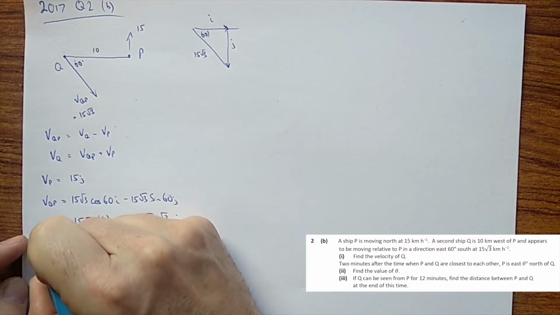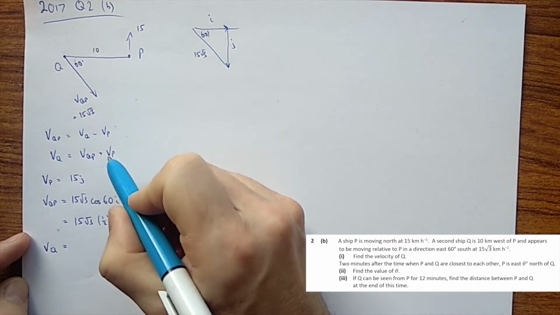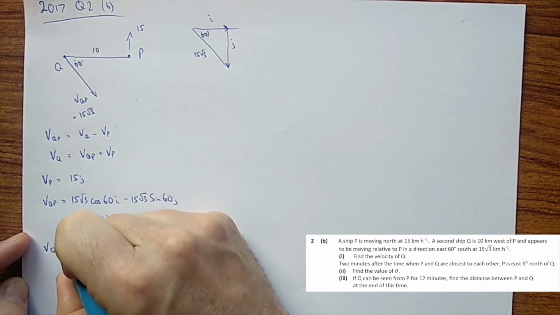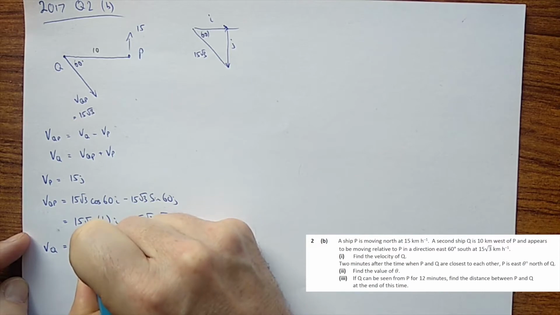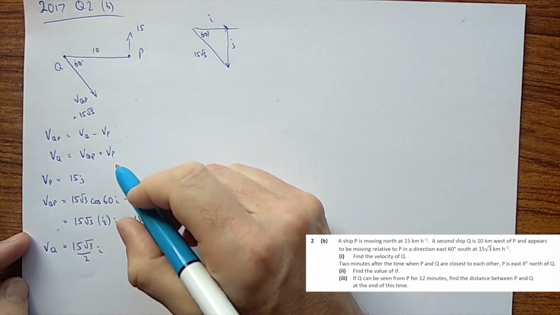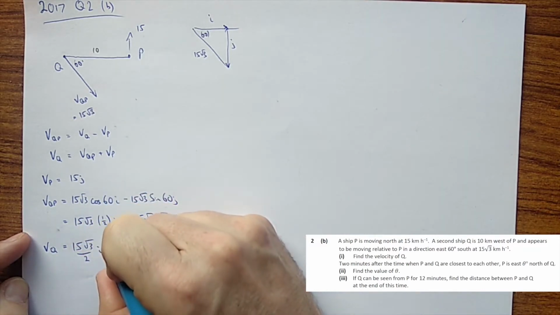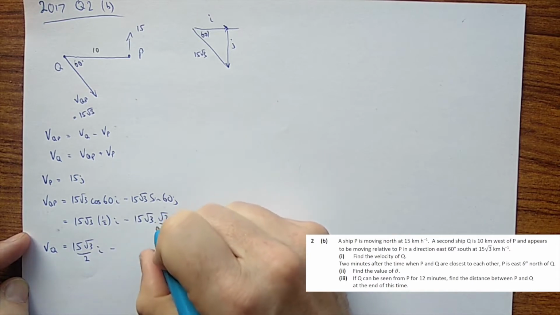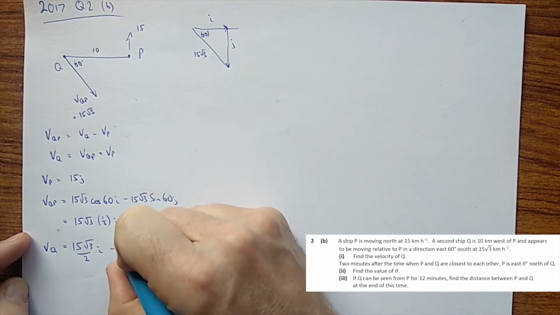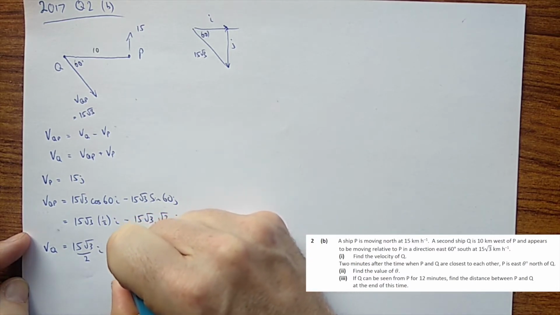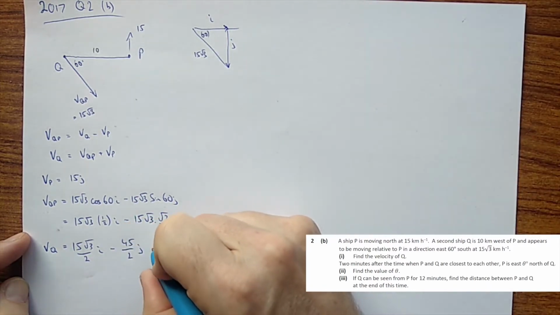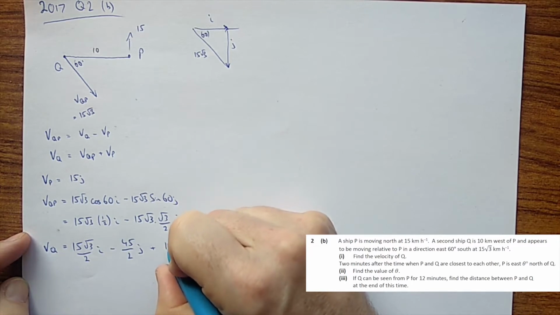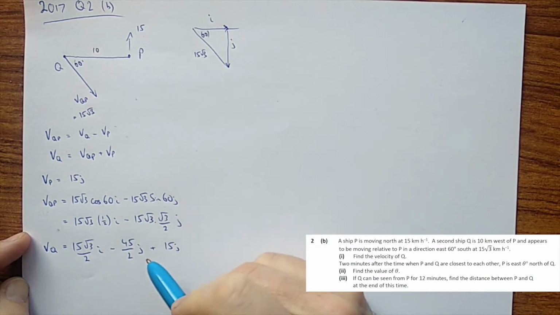So we know that VQ is VQP plus VP. So that is 15 root 3 over 2 i minus, now do a little bit of time on this one, it's going to be 45 over 2 j, plus 15j.